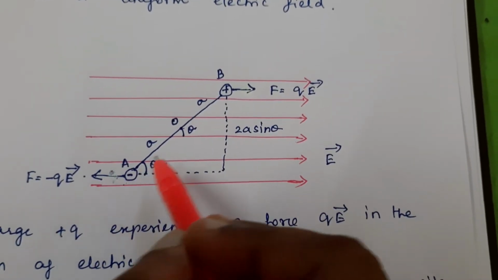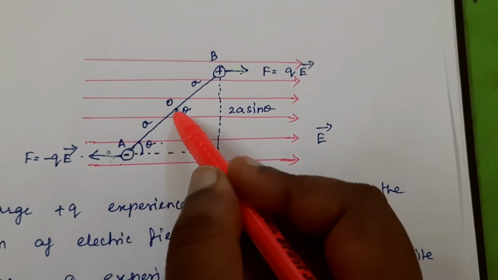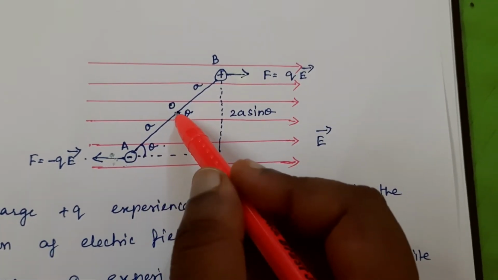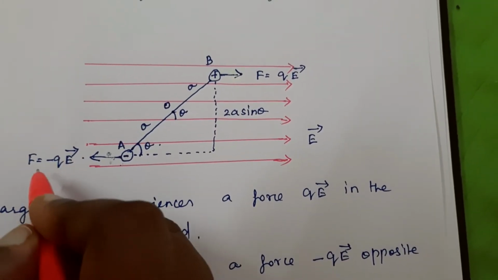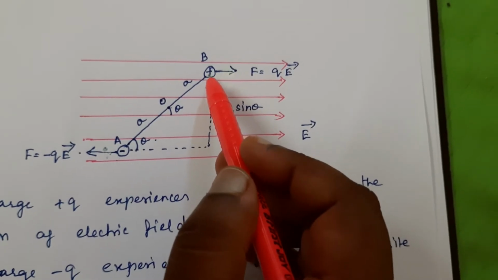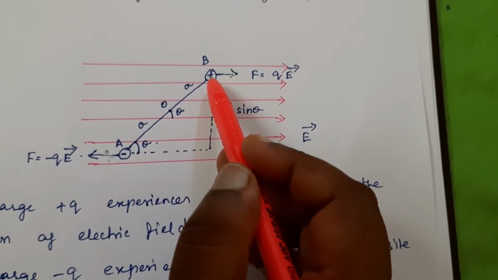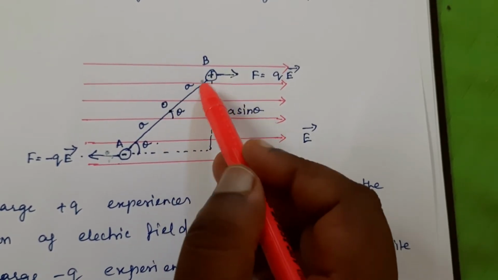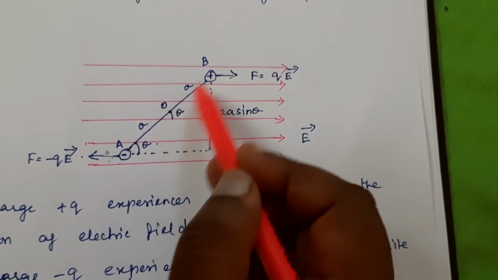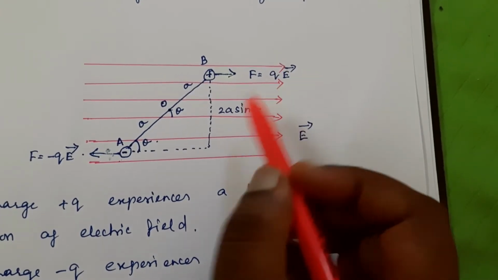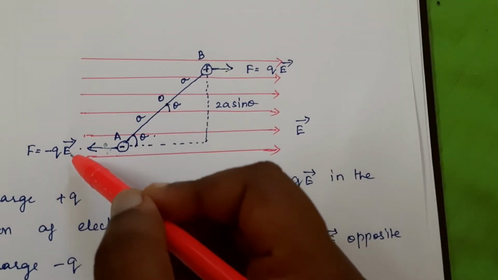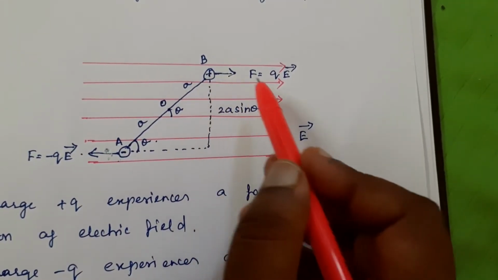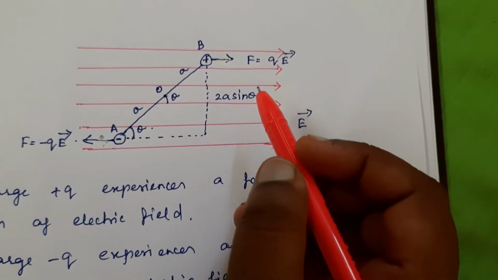Now we are going to write the total torque acting on the dipole. What is the distance between charge A and O? It is OA, and the force is minus QE. Similarly for the positive charge, the distance is OB and the force is plus QE.